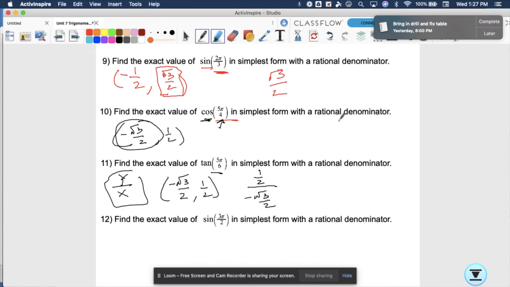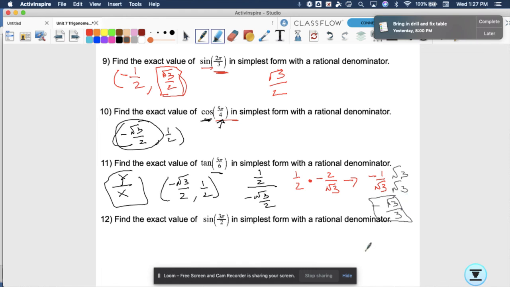We're going to keep, change, and flip. We keep the first fraction, this top one, we change it to multiplication, we flip the other one, and now we're going to simplify. The 2's cross out, so I get -1 over root 3. We know we can't have a root 3 in the denominator, so we're going to multiply by this. This is called rationalizing the denominator. Final answer is -√3 over 3 for this one.